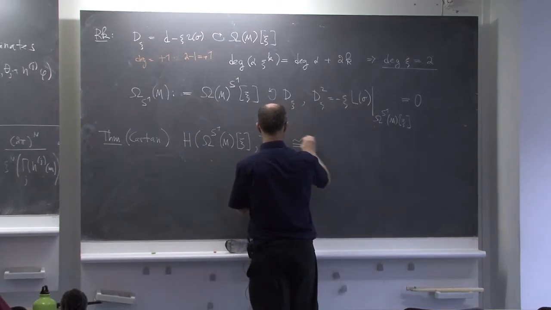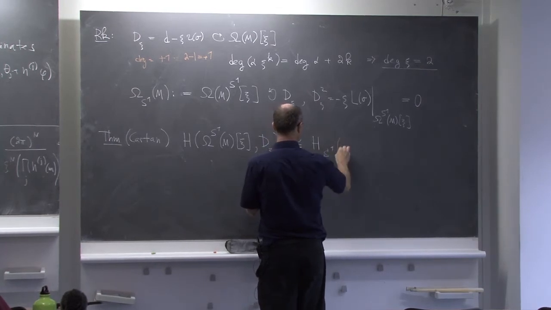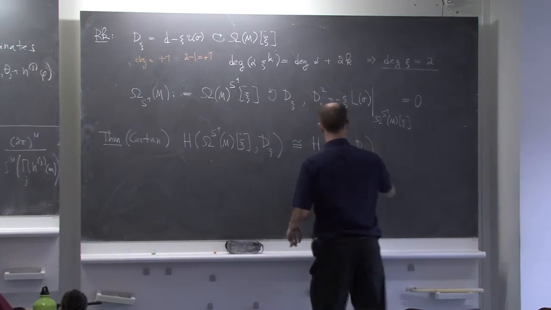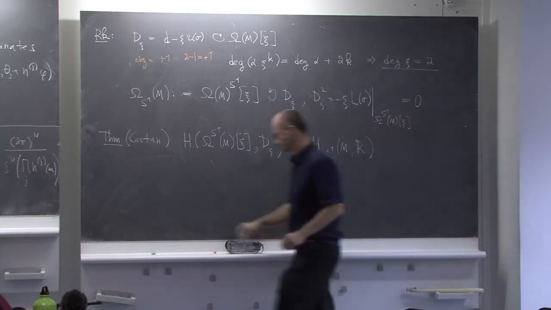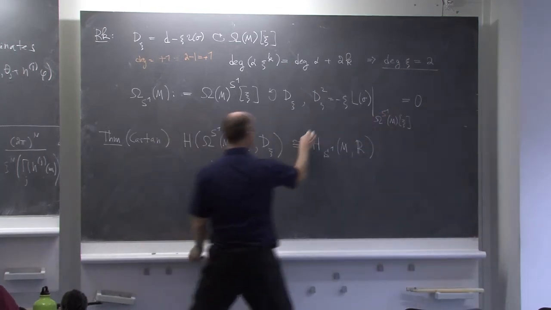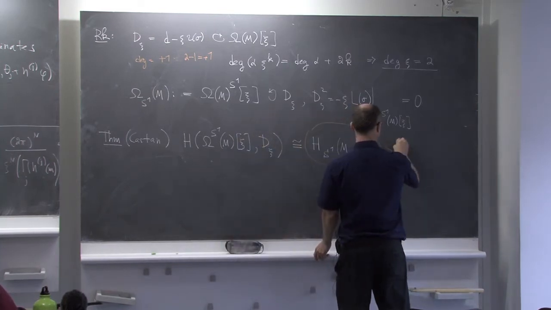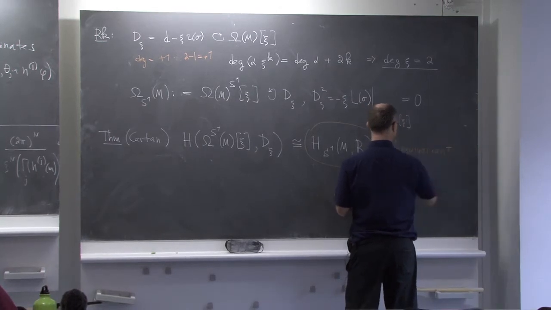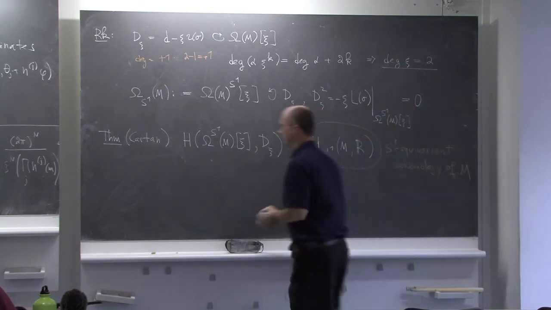Cartan proved that this is isomorphic to the so-called equivariant homology of M with real coefficients, where I should say what this is: S^1 homology of M.